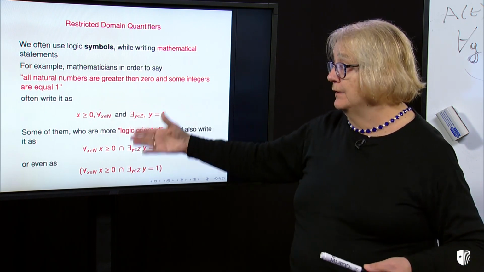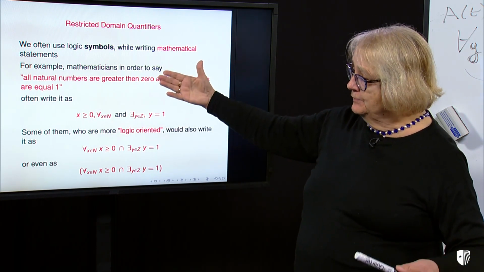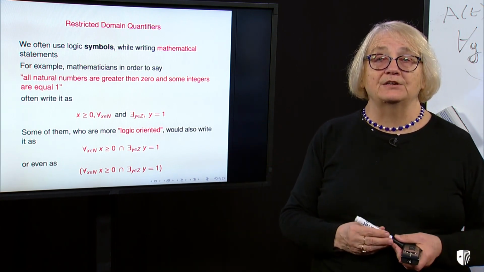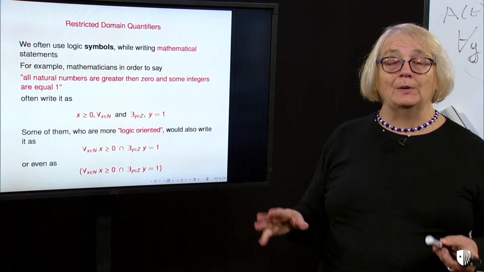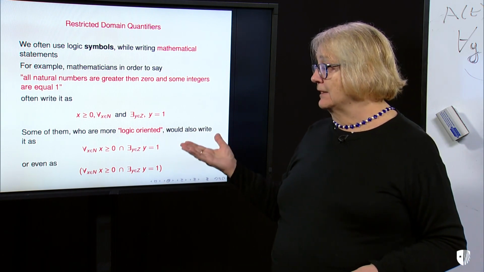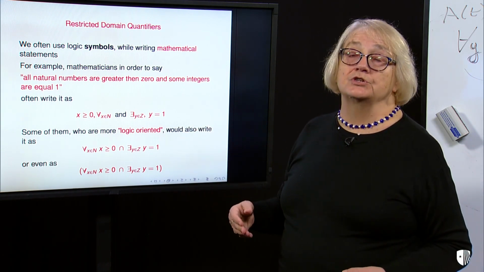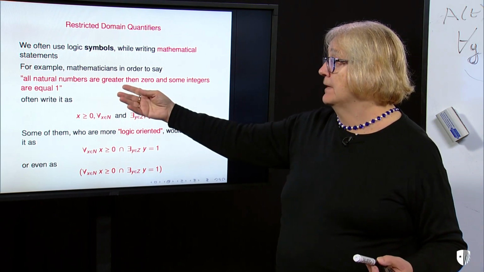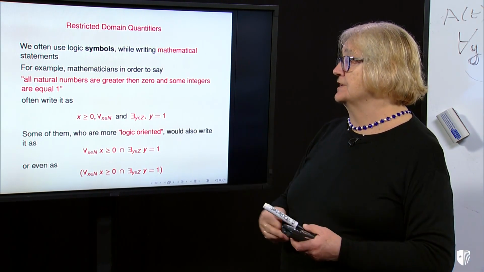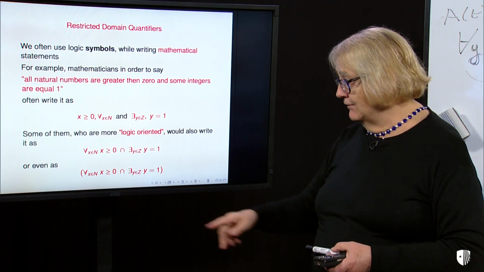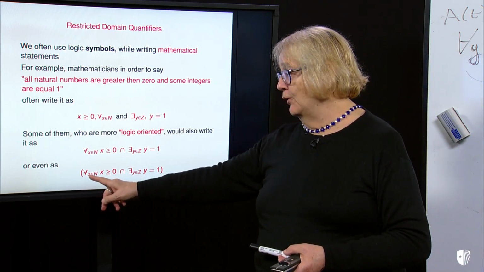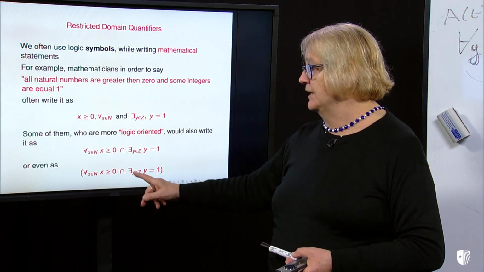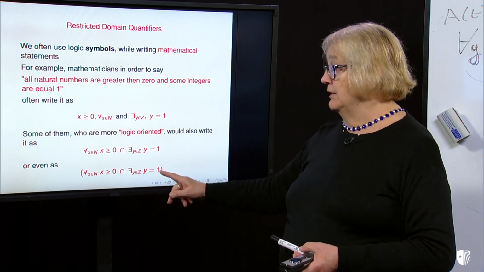We already covered chapter 2, so you know what restricted domain quantifiers are, but I'll repeat quickly that in mathematics we often use sentences like: all natural numbers are greater than 0, and some integers are equal. You can write a proper formula: for all x in N, x is greater than 0, and there is an integer y equal to 1.